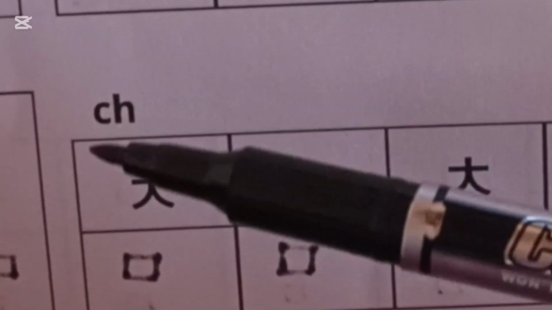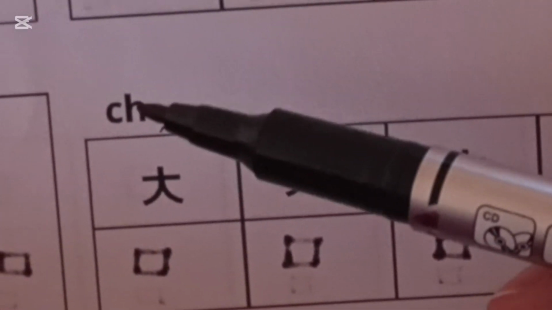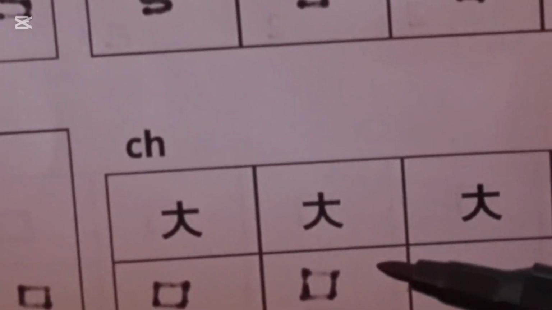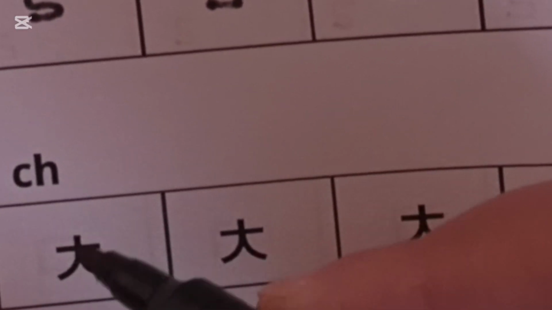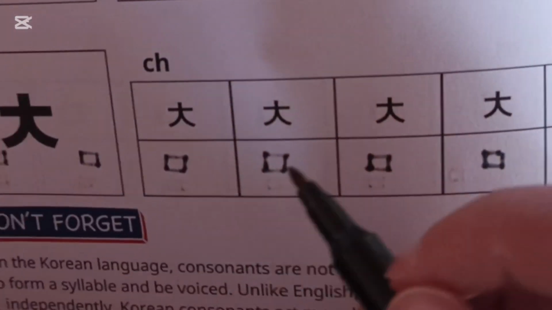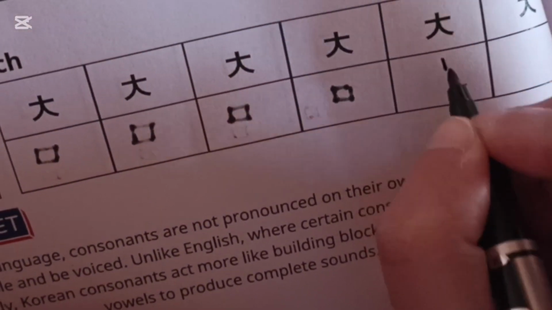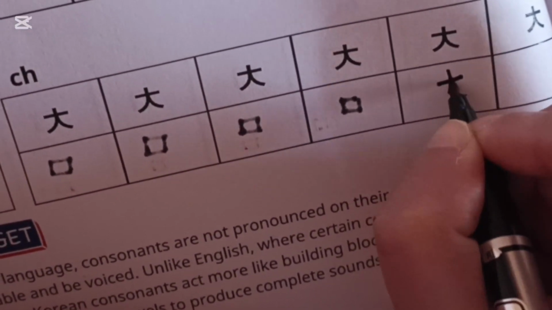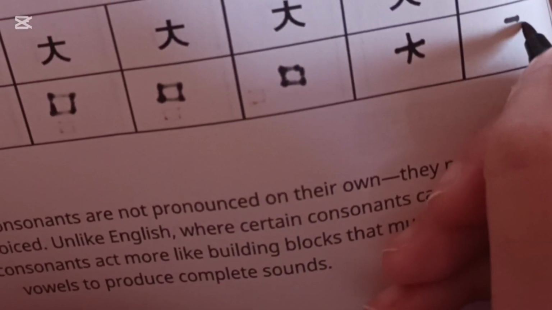And the one that is too similar to the G is the ch, which is pronounced as ch in English. So it has an extra vertical stroke. That's the difference between the G and the ch. Sometimes you're gonna see it written like this: a horizontal stroke, then another one.